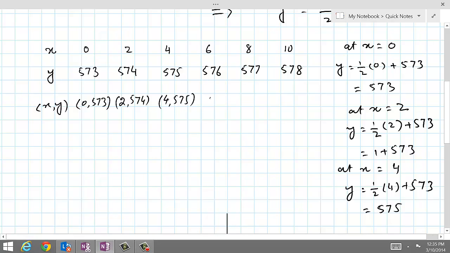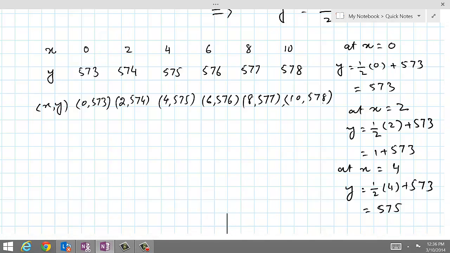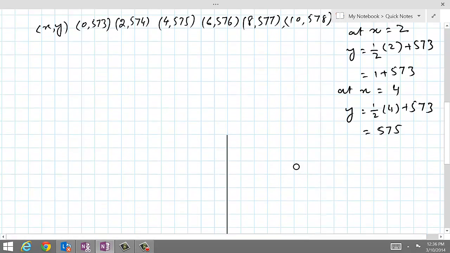Next we have 6, 576, and next is 8, 577, and next is 10, 578. These are the ordered pairs, and we will need to plot these points on the Cartesian plane, which we have made here.